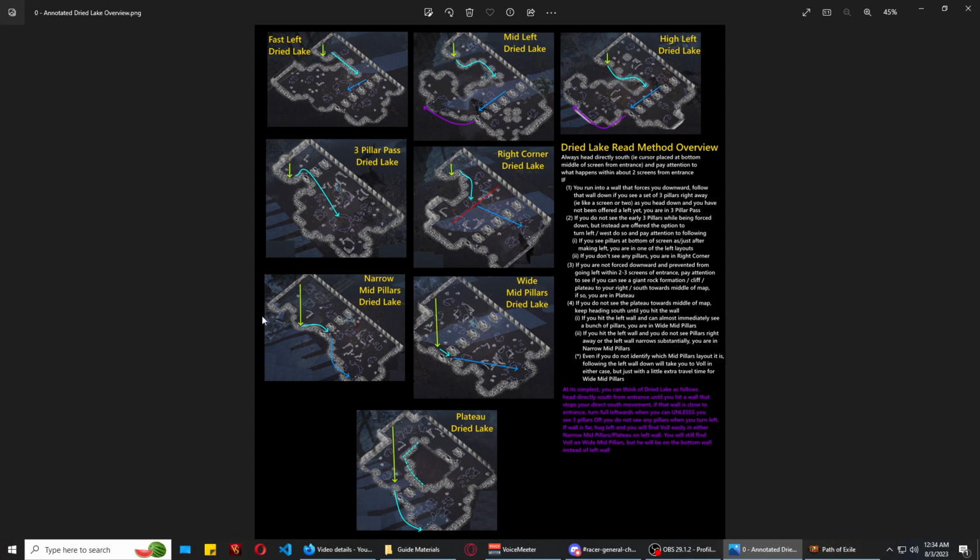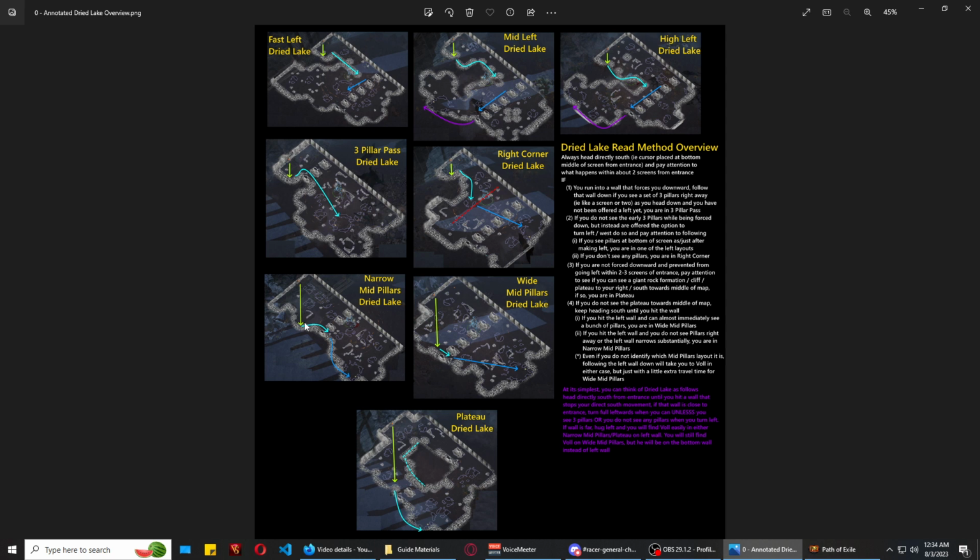Now, what happens when you don't get blocked directly south 2 to 3 screens is you're able to go down pretty much 5 screens or greater directly south, and you'll pay attention to a few things as you're heading directly south to be able to make the reads to figure out what happens with the zone and where you need to go to find vol.